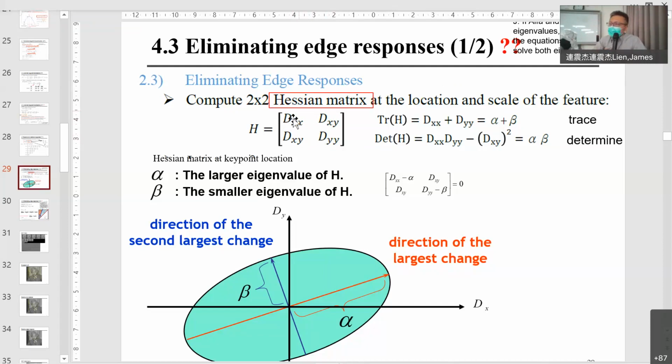So the Hessian matrix should be 2 by 2. A covariance matrix or correlation matrix doesn't need to be 2 by 2.